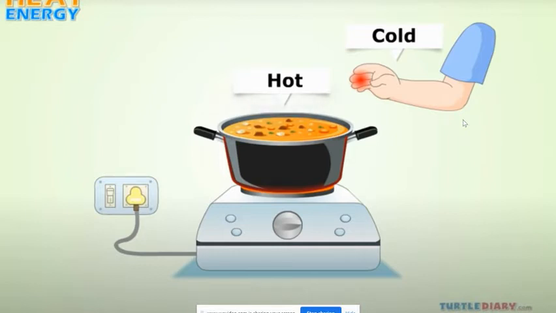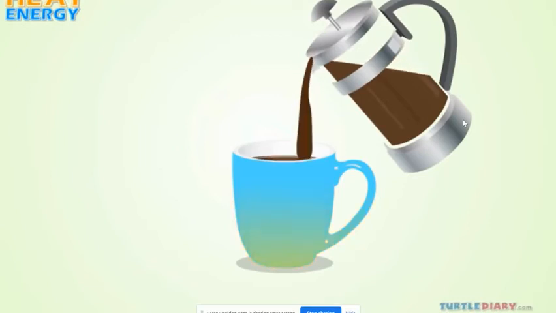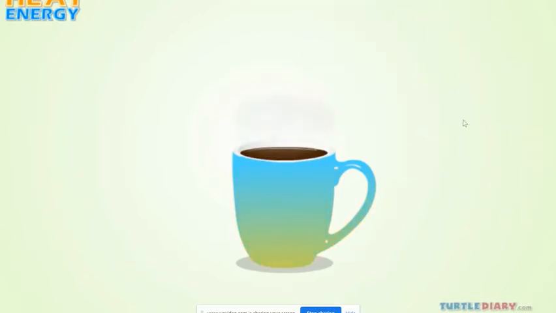Think about what happens to a mug of coffee when you pour hot coffee into it. The mug felt cool at first, but then felt hotter as you poured the hot coffee into it. The hot coffee transferred its heat energy to the mug, which was cooler. Heat is not the same as temperature.